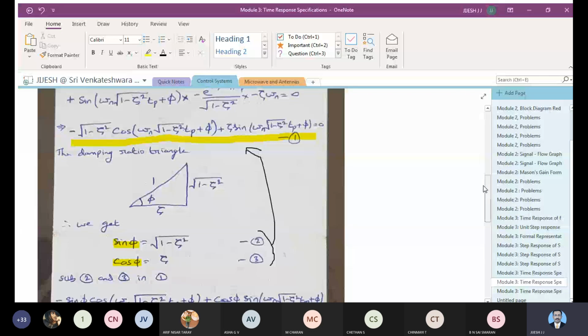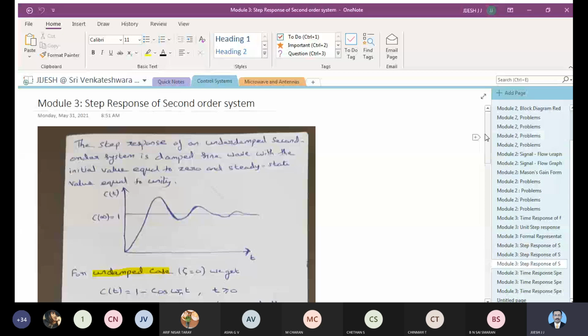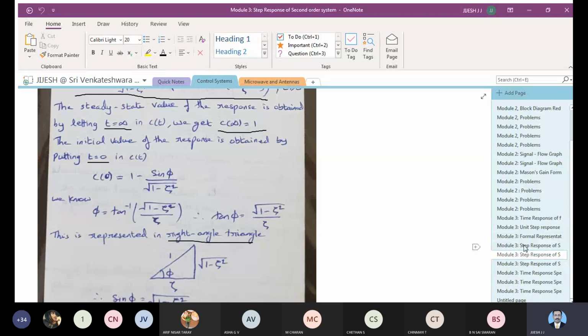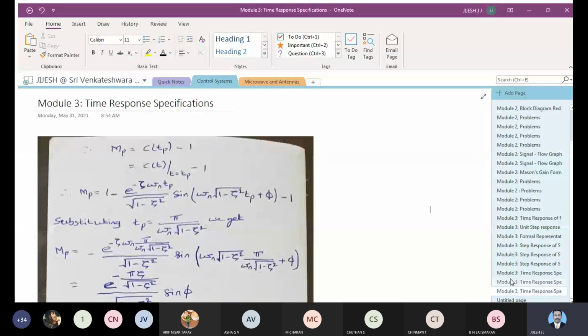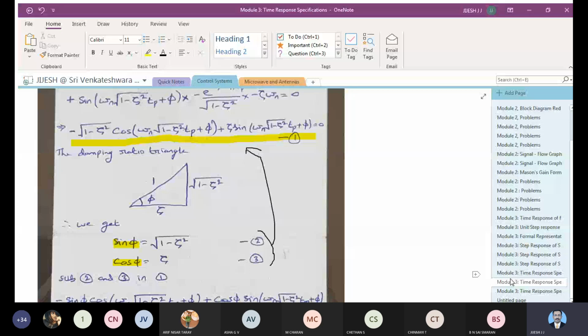So we are going to see the damping ratio using the triangle. We have already drawn this triangle before, and the same triangle we are using. If you remember, we drew this somewhere in this class, where we saw the right angle triangle with zeta, root of 1 minus zeta square, and 1.